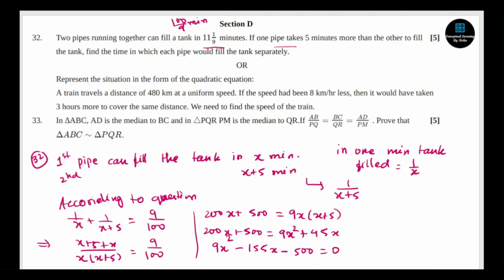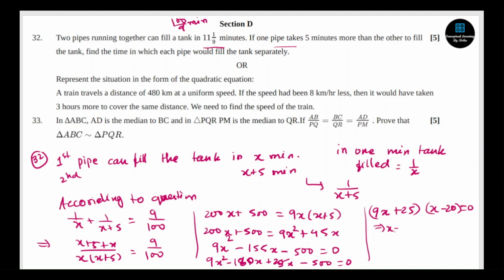And now 9 into 500 is 4500. So you will get 180 minus 25, minus 500 equals 0. When I factorize this, I'll get 9x plus 25 and x minus 20 equals 0.